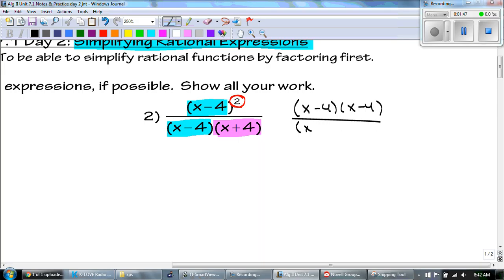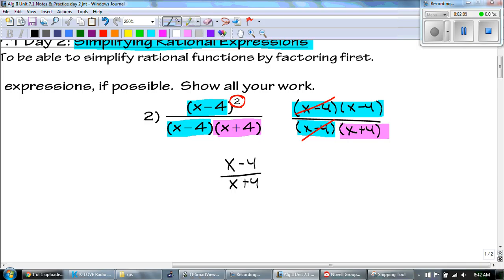And then on the bottom, we have x minus 4 and x plus 4. And if you notice, I've got two on the top and one on the bottom. But when those cancel, I'm left with x minus 4 and x plus 4.